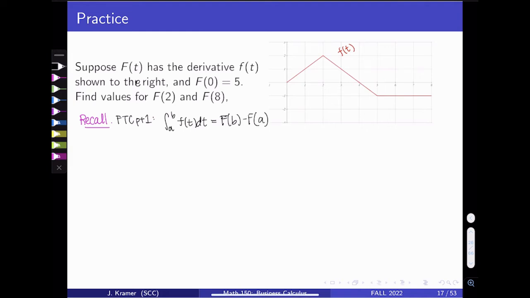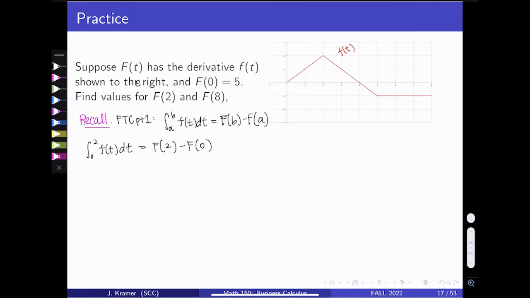And so we're going to use this to evaluate f of 2 and f of 8, knowing specifically f of 0 equals 5. So I'll say the integral from 0 to 2 of f of t dt by the fundamental theorem of calculus part 1 is the antiderivative evaluated at 2 minus the antiderivative evaluated at 0.